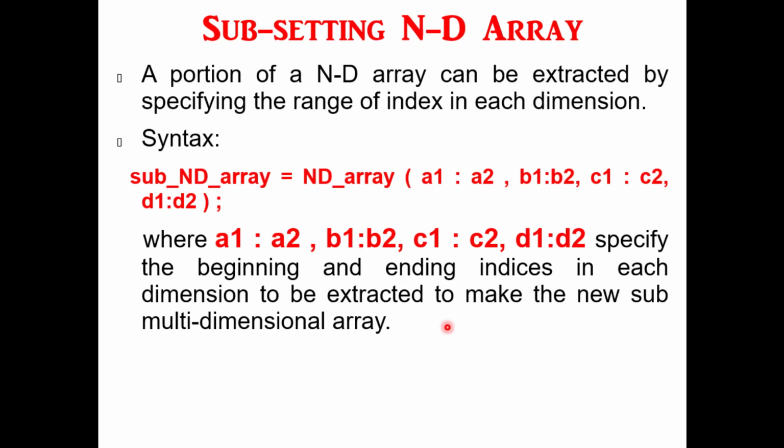A portion of an n-dimensional array can be extracted by specifying the range of index in each dimension. For example, to get a subset of an n-dimensional array, we simply define the array and define the subset in each dimension. So A1 to A2 represent the range in the first dimension, B1 to B2 represent the range in the second dimension, continuously.